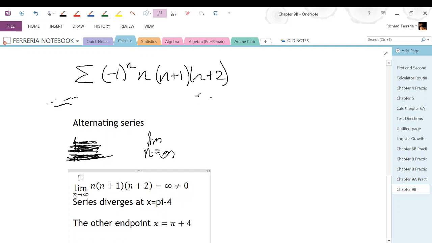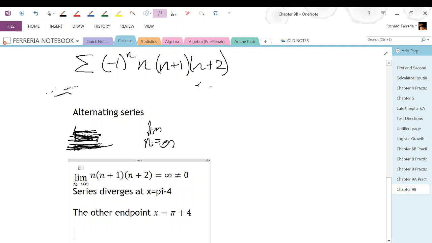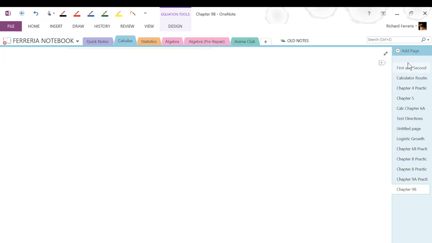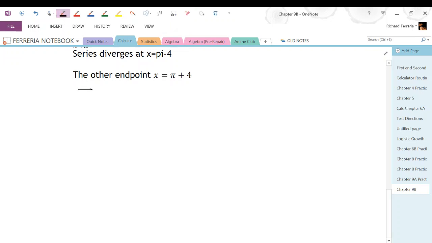Pi plus 4. Okay, so at pi plus 4, I'm going to try this again with the pen. At pi plus 4, we get, I'm forgetting n, n plus 1, n plus 2 over 4 to the n. And then pi plus 4.